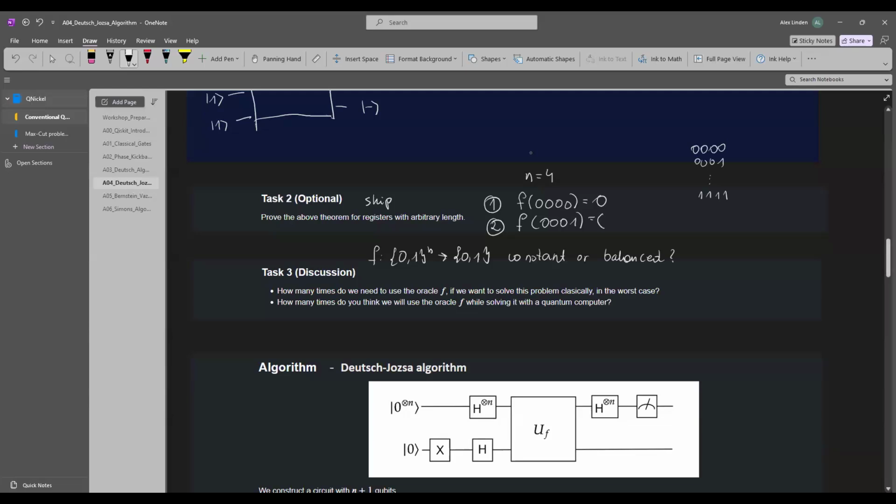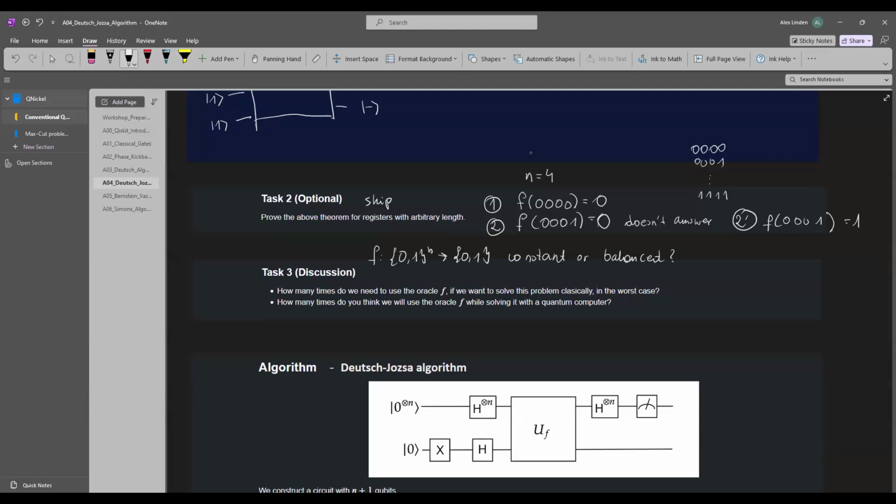So if we get 0, that doesn't tell us anything. Let's say it just doesn't answer. But in the case that we get 1, well, now we know that it cannot be constant.